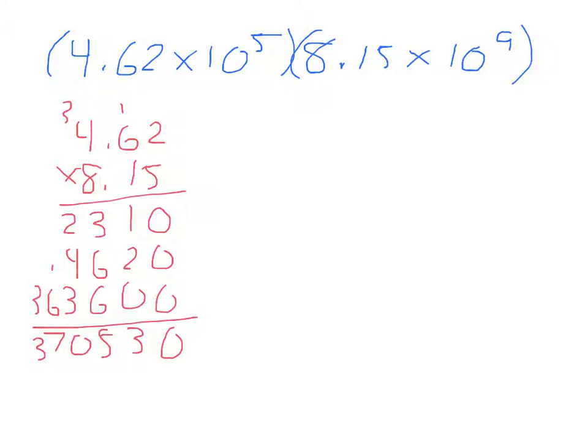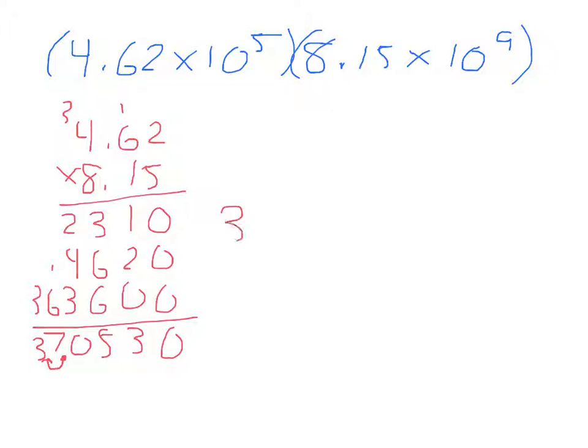Then with 4 decimal places, that will be 37.0530. Uh-oh, that causes a problem, because it is not in scientific notation, since that's not a number between 1 and 10. So I'm going to have to move the decimal over one place, causing another times 10.